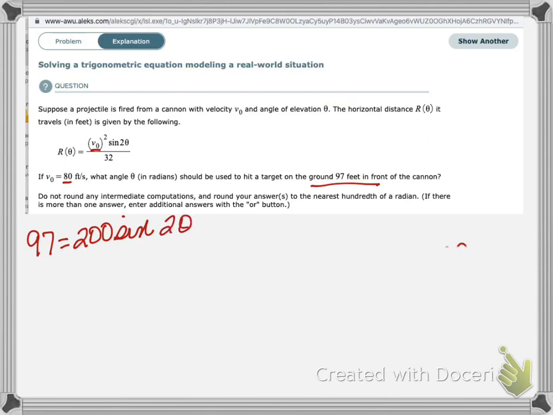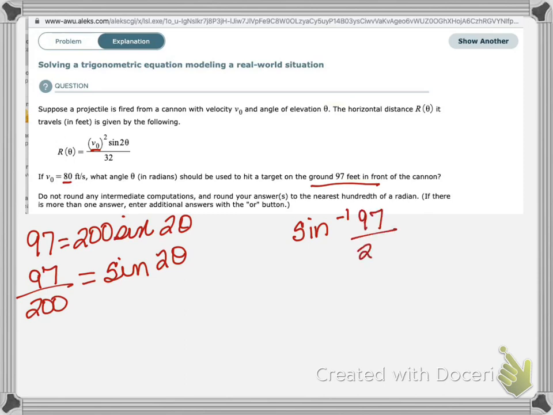What I'm going to do next is divide both sides by 200, and I'm going to get 97 over 200 equals sine of 2 theta. What we need to do now is the inverse. So we're doing the inverse of sine. We need to find the inverse sine of 97 over 200.